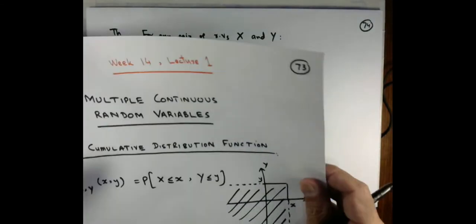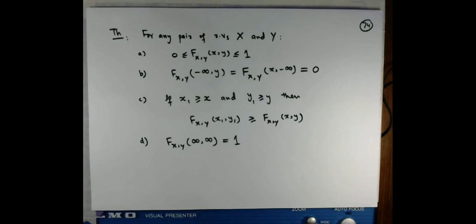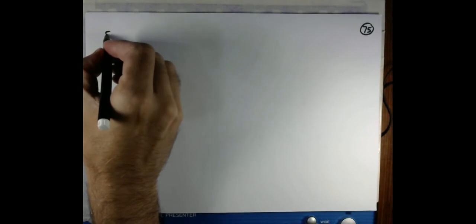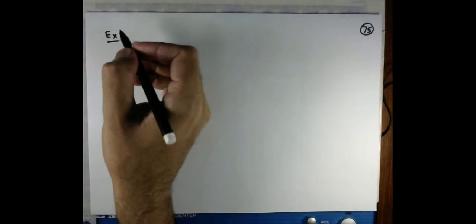Once you reach 1, beyond that there will be no areas of non-zero probability, so your CDF will stay at 1. I hope this is clearly understood. I'll move on and solve a quick example.